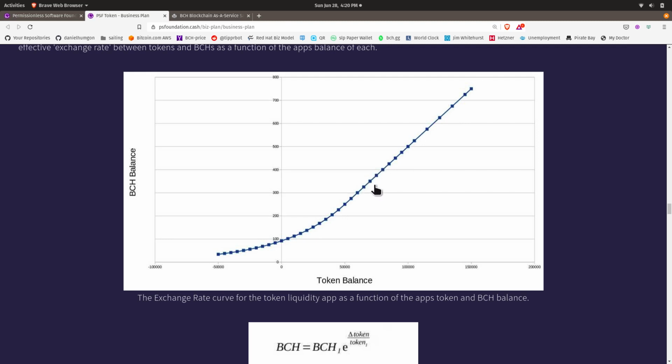That's another important aspect. But then this line curves here, and what that means is it doesn't go below zero. So you can never take all the Bitcoin Cash out of this app. As the Bitcoin Cash gets drained from it, it will adjust the exchange rate to this exponential curve, so it'll approach zero but never cross it.